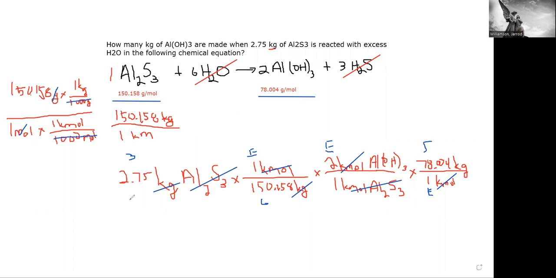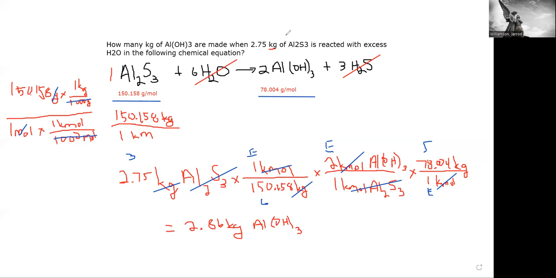When I punch this into my calculator, 2.75 times 1 divided by 150.158 times 2 divided by 1 times 78.004, I get 2 point something, and I have to round it to 3 sig figs: 2.86 kilograms of Al(OH)3 will be my answer.